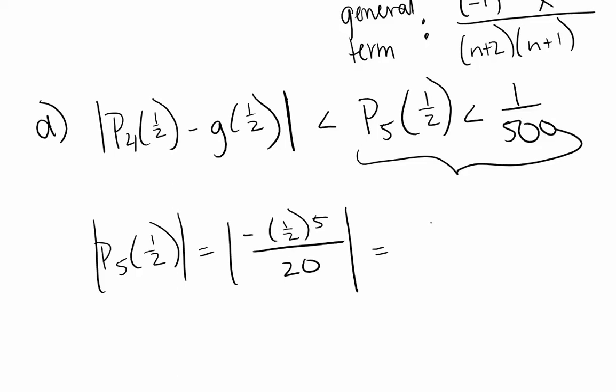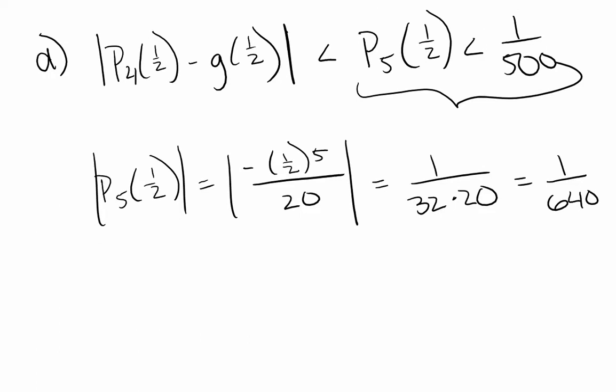So this becomes 1 over 32 times 20, which equals 1 over 640. And 1 over 640 is less than 1 over 500. So therefore, by the alternating series error bound, the error will be less than 1/500.